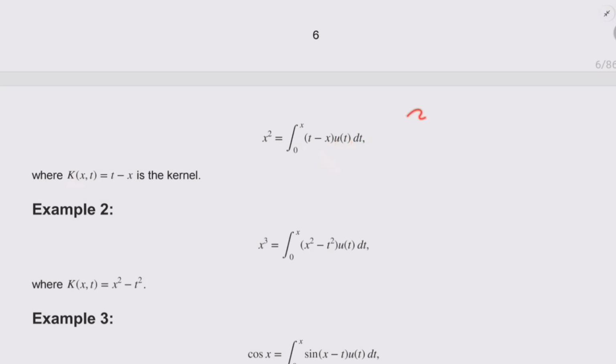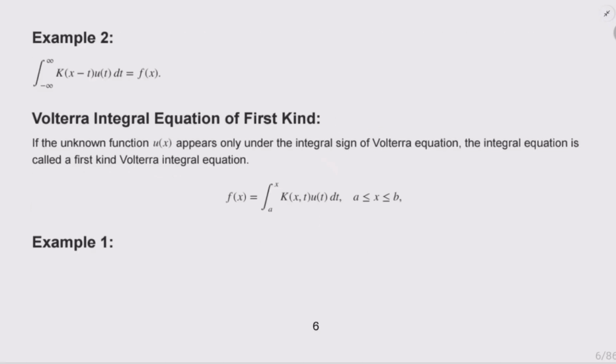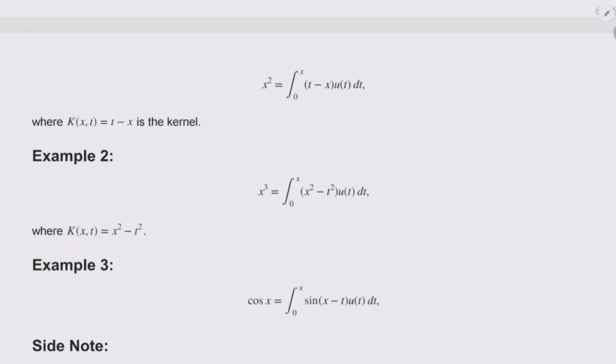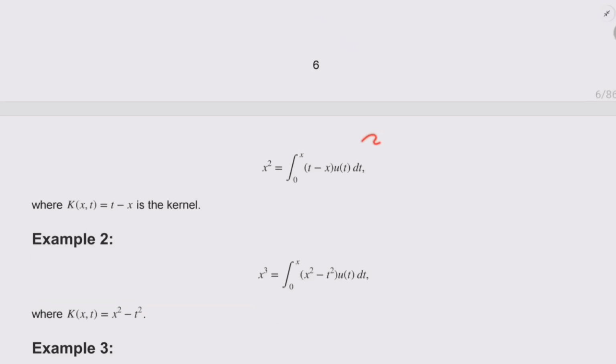Remember that in future we will use a different symbol for the unknown. We will sometimes use phi of t as an unknown. So this is called a Volterra integral equation of the first kind. The limit is variable and there is one unknown function.